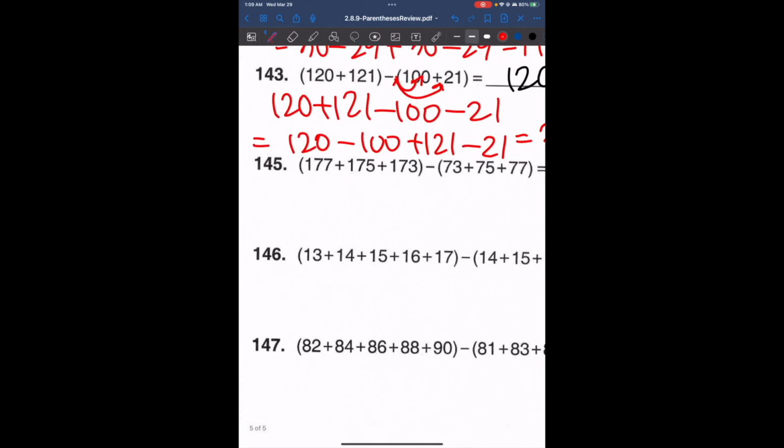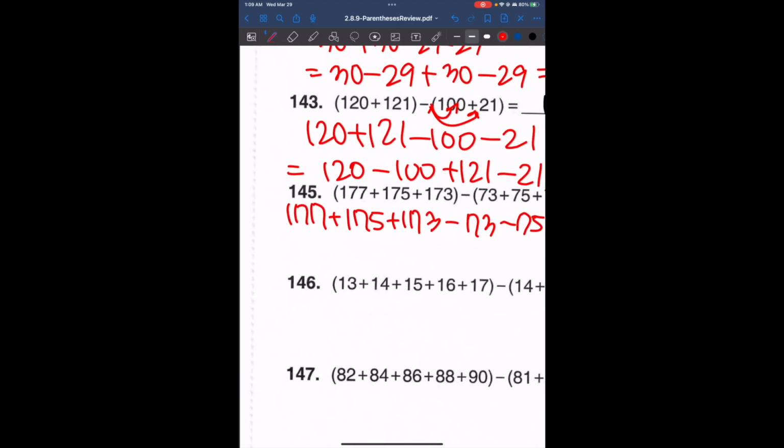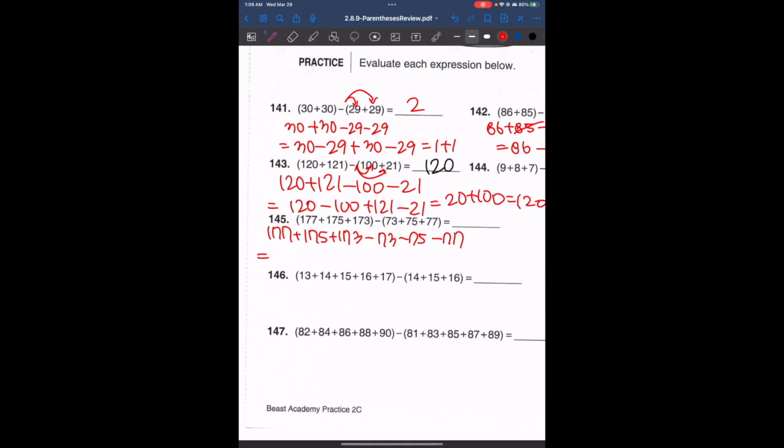Now we'll look at the next. So if we distribute the negative sign, we get negative 73 minus 75 minus 77. Now we're going to rearrange it based on similar looking numbers.